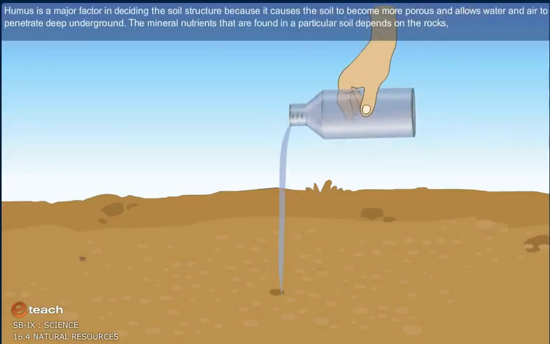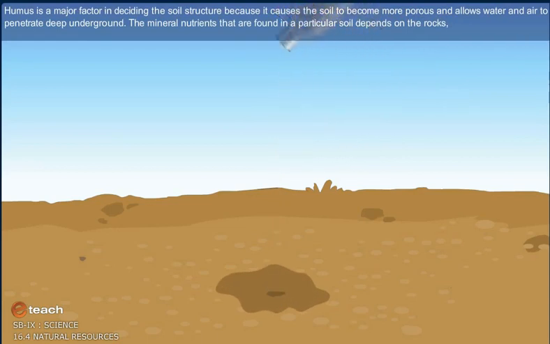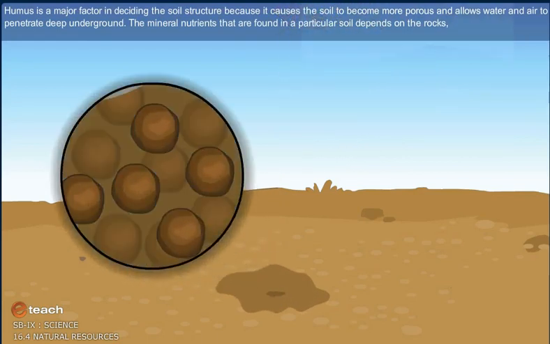Humus is a major factor in deciding the soil structure because it causes the soil to become more porous and allows water and air to penetrate deep underground.